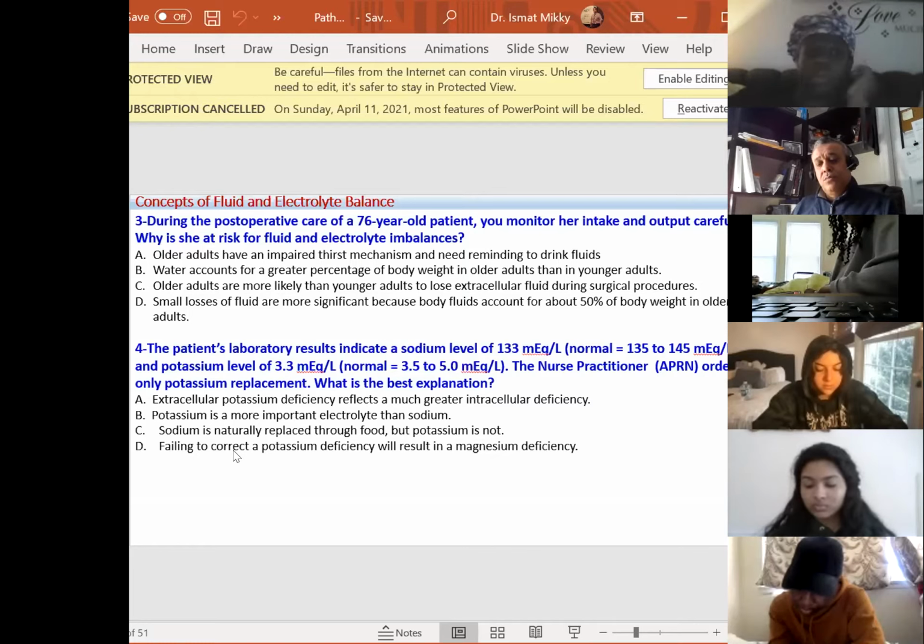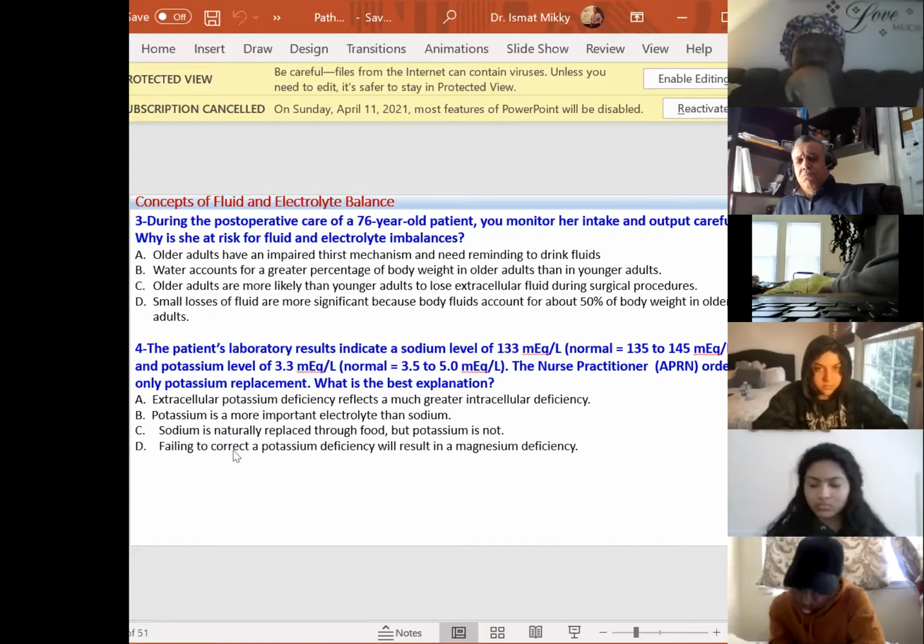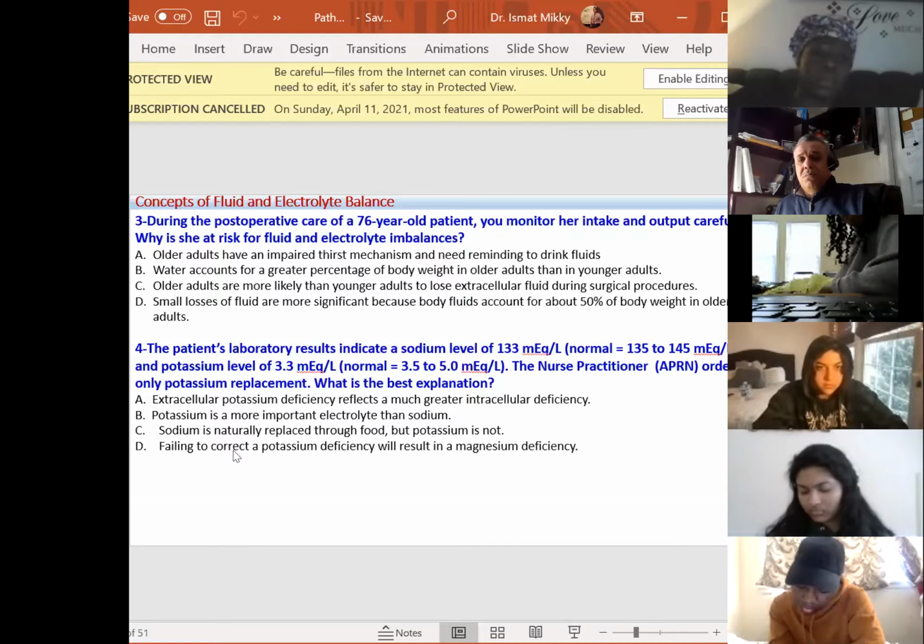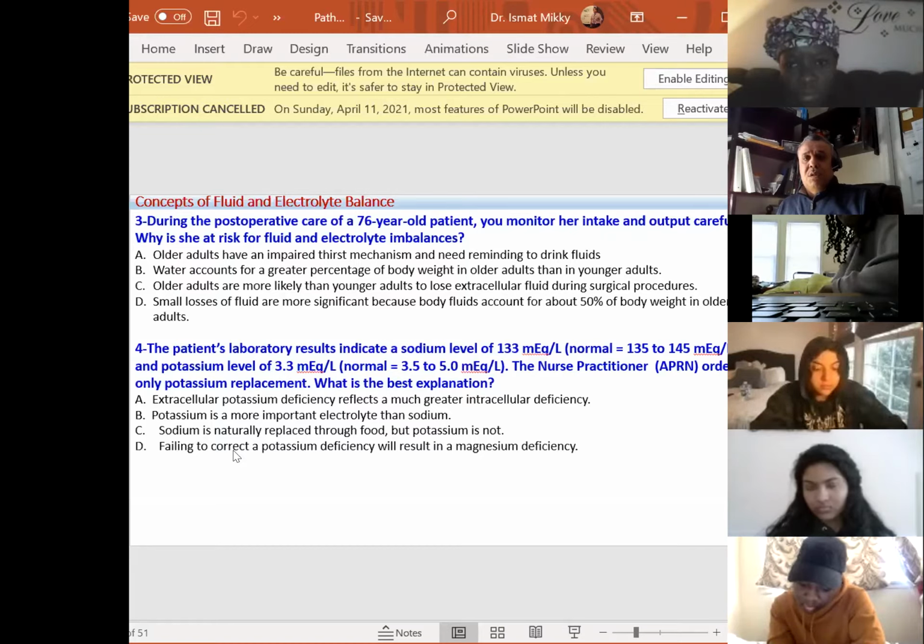Can we say C? Older adults are more likely than younger adults to lose extracellular fluid during a surgical procedure. No, not during surgery. I would say D. Losses of fluid are more significant because fluids account for 50% of their body weight.